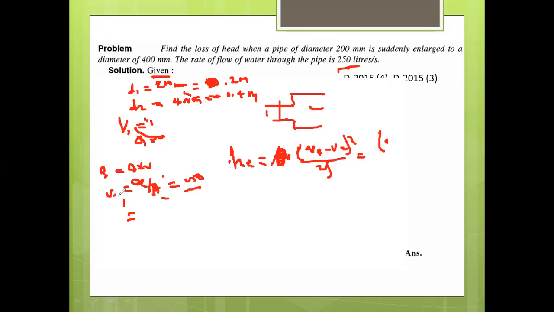V1 and V2. Yes, what is the value of V1, V2?